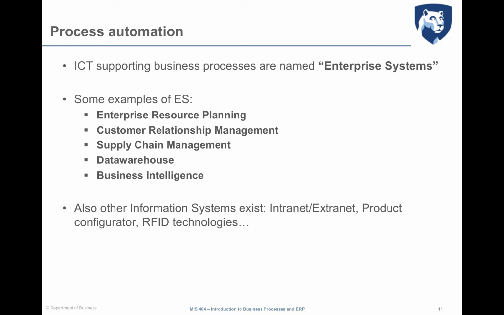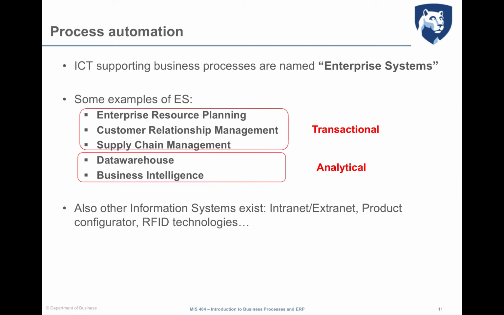But from now on, our focus will be on this type of enterprise system. In particular, within this type, we distinguish two categories. What we can call the transactional enterprise systems, like enterprise resource planning, customer relationship management, supply chain management, and analytical enterprise systems, like data warehouse and business intelligence.